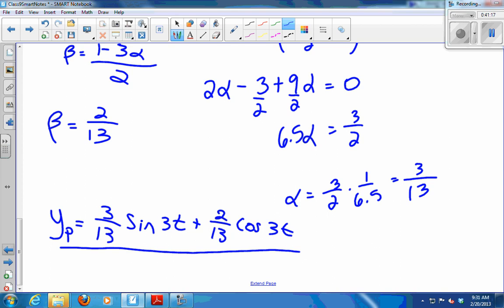There's my y particular. I managed to guess. Took us a little while. 3 guesses. But we came up with 1. And now when I add this to the y sub h, the solution to the homogeneous one that we found way back, I have the general solution.